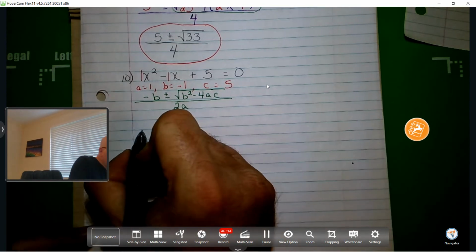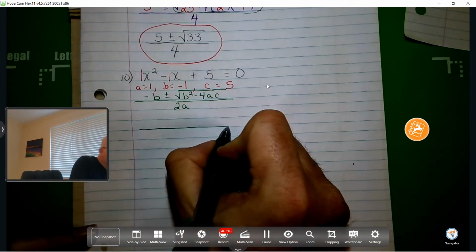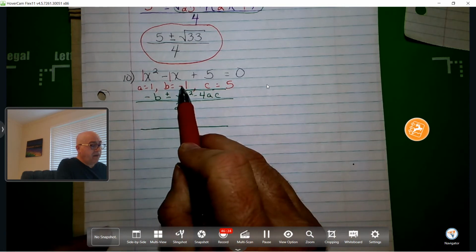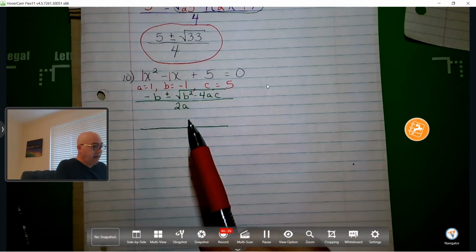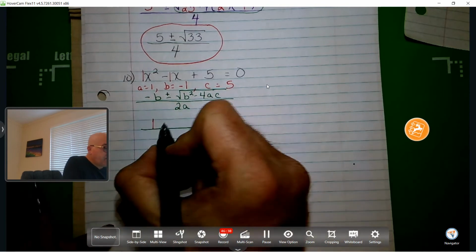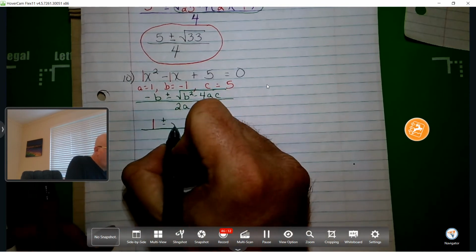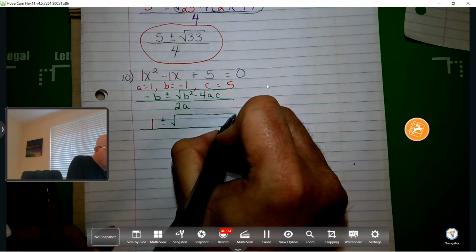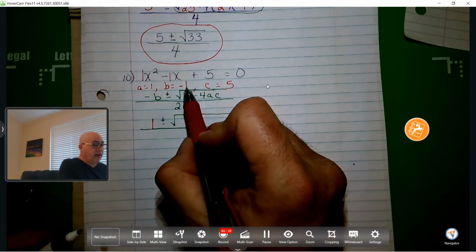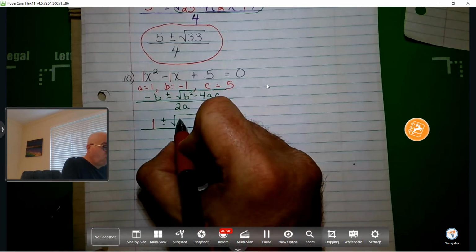So I'm going to start plugging in negative B. Negative B, negative negative 1, would be a positive 1. Oh, I was supposed to put the plus minus and the square root here. B squared: negative 1 times negative 1 is 1.